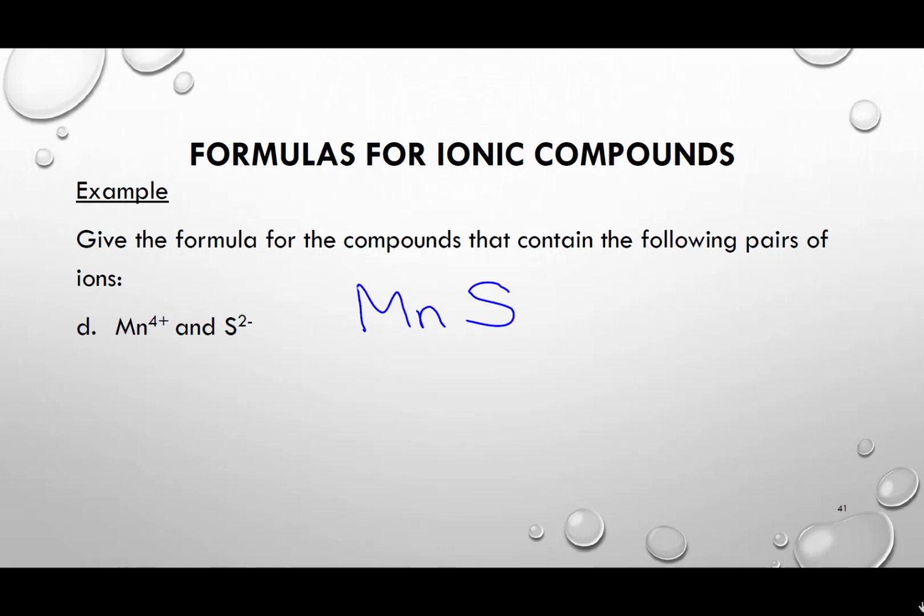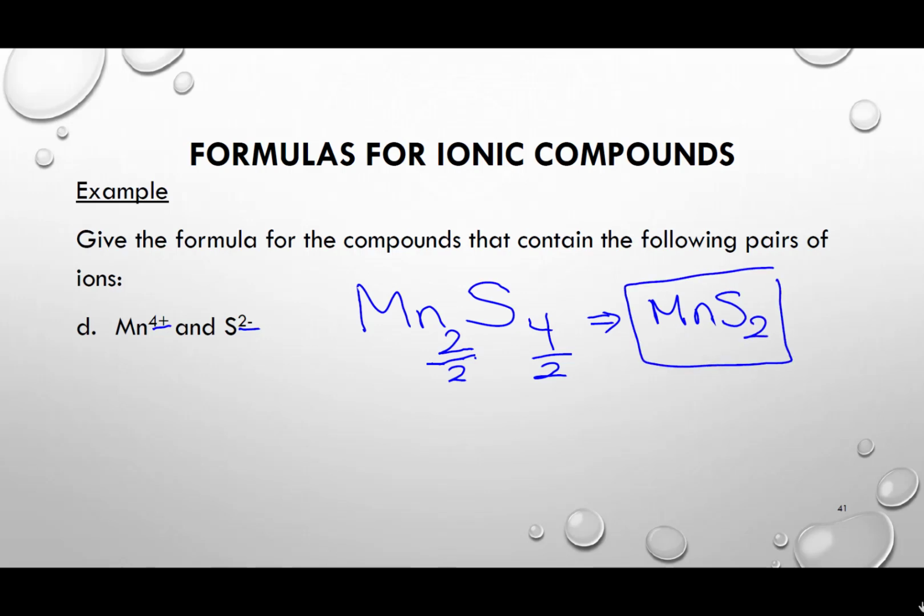The charge on the cation goes as a subscript on the anion, and the charge on the anion goes as a subscript on the cation, without the charge. Now, can you simplify this? Yeah, you could simplify everything by 2. Then what do you get? That's what it is.